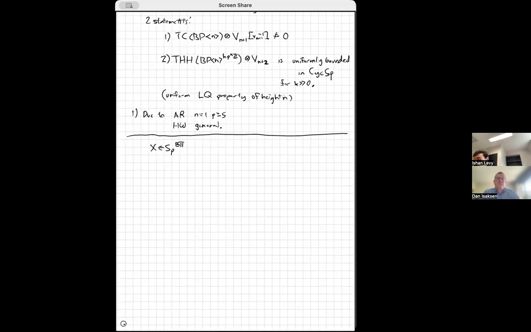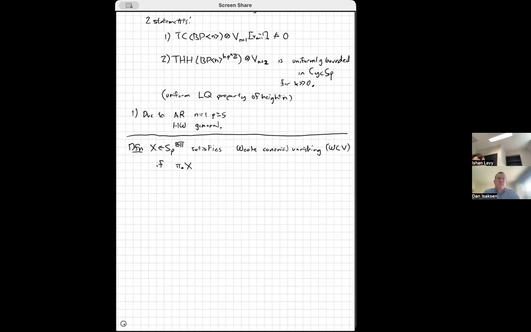But it's also useful for proving boundedness. So here's the definition. If you have a spectrum with a circle action, it satisfies what's called weak canonical vanishing, or WCV, if the following thing is true.